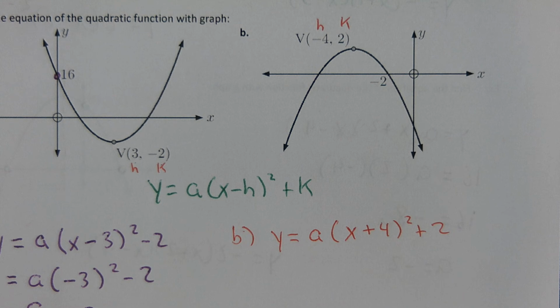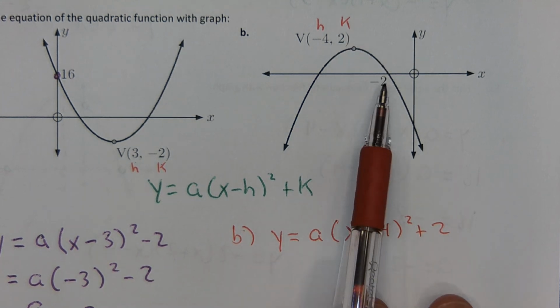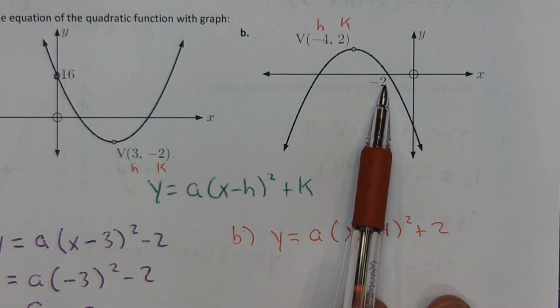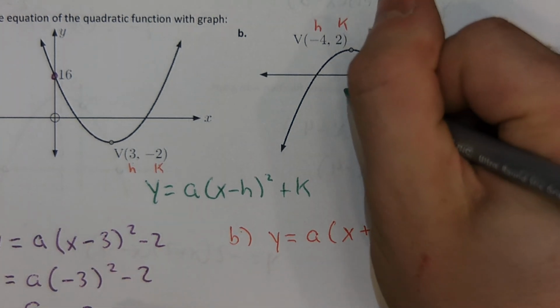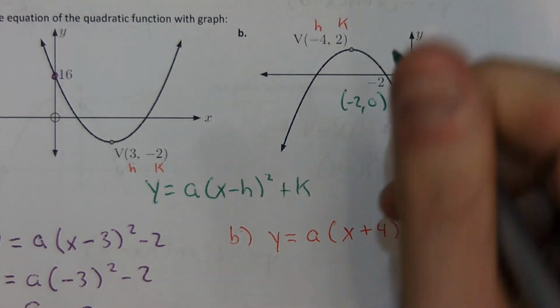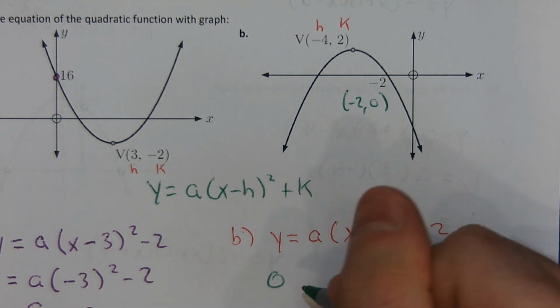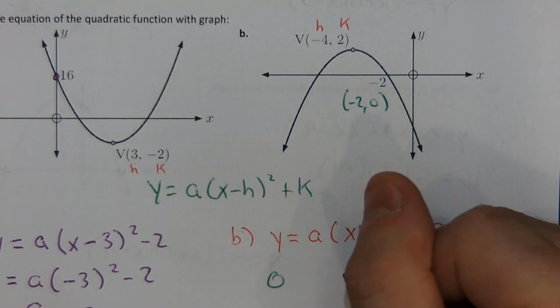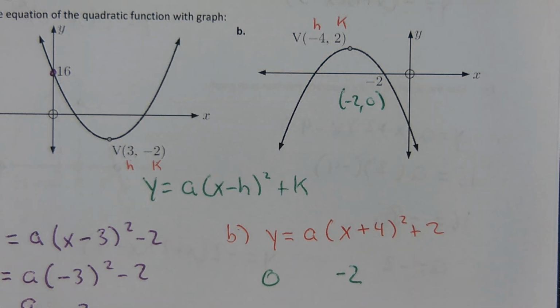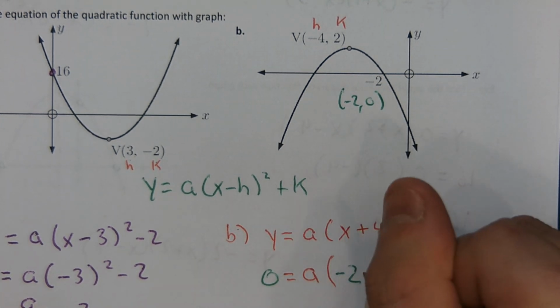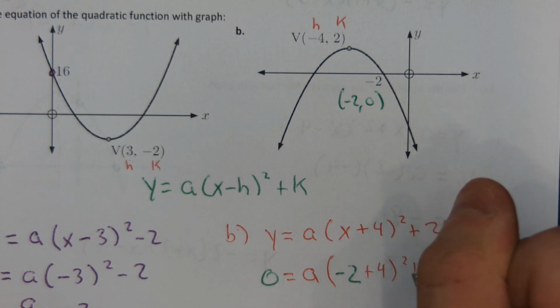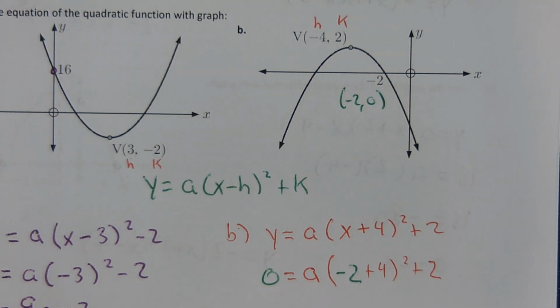This is where you would drop in the point (-2, 0). So this one, (-2, 0), has us replacing our y value with a 0 and our x value with a -2. And we just need to solve for a.